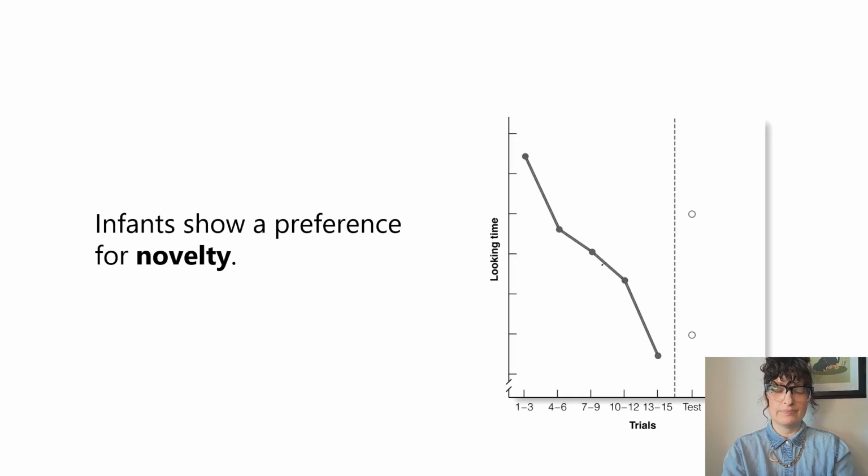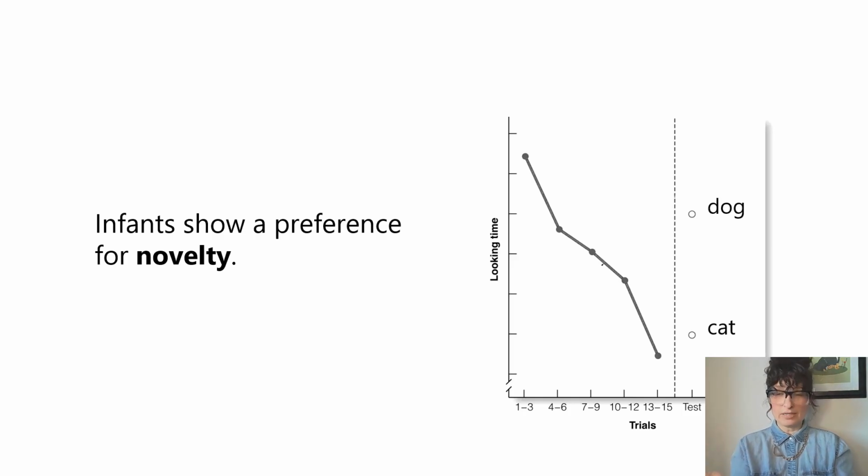So using habituation makes a lot of sense in order to understand whether or not they can tell the difference between two things. If an infant looks at the cat and is sort of like, oh yeah, that's a new cat, but sees it as part of the previous category, they won't look at it very long.